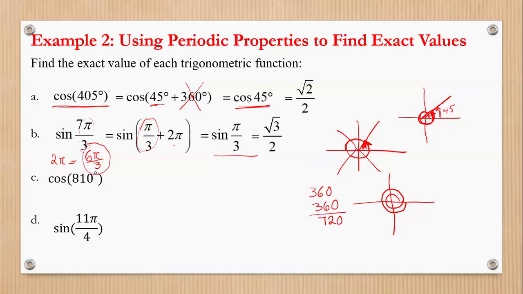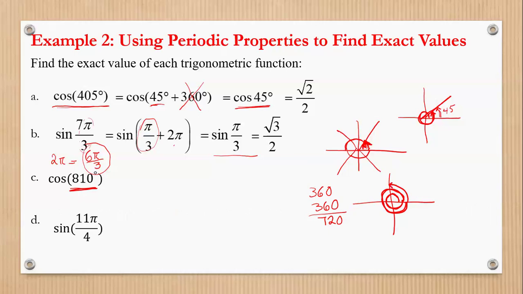But my angle is still greater than 720, which means this angle is in the third rotation, because the first rotation is from 0 to 360 and the second rotation is from 360 to 720. Now we have 810, which is 90 degree more than 720.